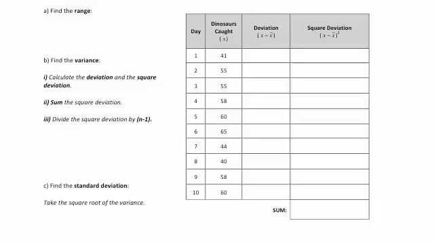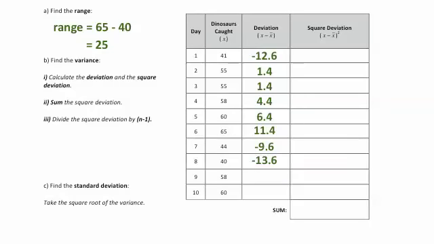Once you've done this, you'll notice the range in Miss Hughes' data is 25, a much smaller range than mine. The deviations are much closer in value to zero, so her square deviations are much smaller than mine as well.